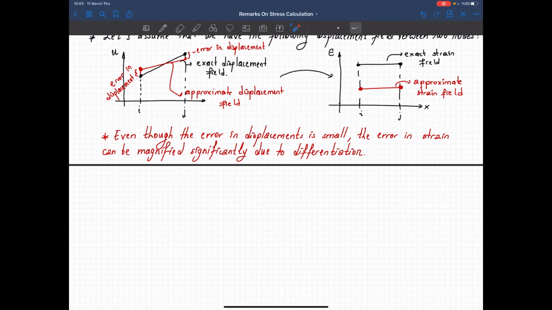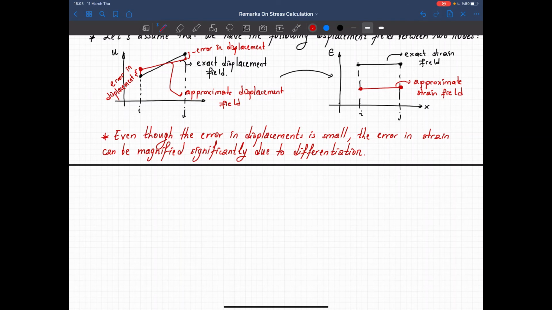The other thing is, here I used linear interpolation, but let's say that the exact displacement field is not linear. It has a variation like that, and we approximate that with a linear interpolation. So we do have errors not only at the nodes, but also at the interior points, which may also increase the error in the stresses.